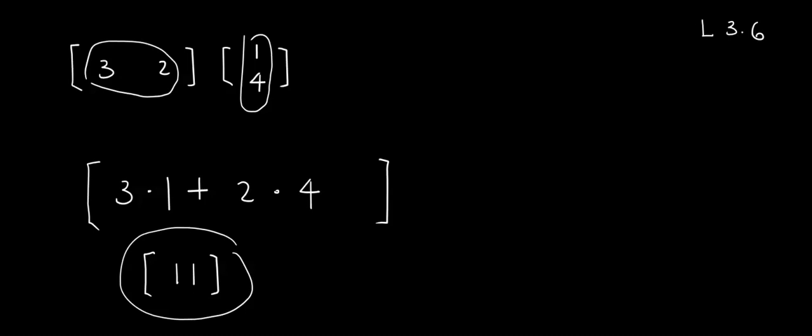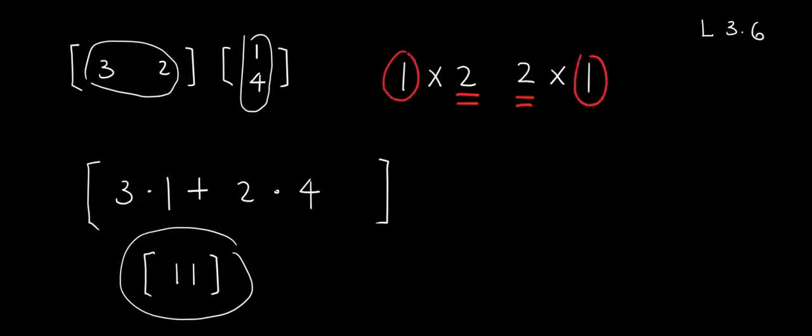Now, let us bring back the earlier when we check the dimension, we say matrix 1 is 1 by 2, matrix 2 is 2 by 1. You know, the beautiful thing is that you see these 2 numbers are same, therefore you're able to perform the multiplication, and also the outer 2 numbers give you the dimension for the final product, which is 1 by 1. It is indeed 1 by 1.